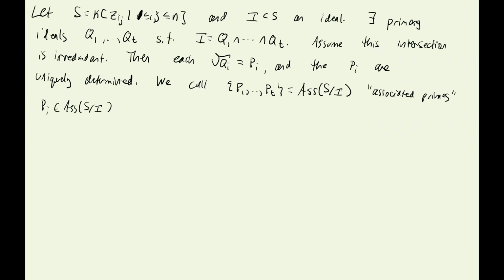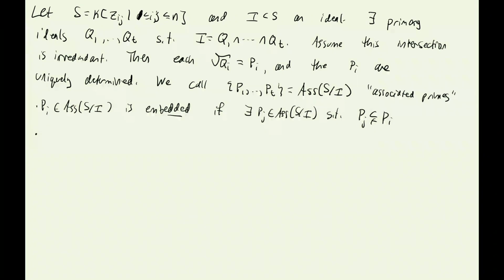A prime in the set is called embedded if there exists some other prime Pj so that Pj is properly contained in it. So these are the biggest ones. They live above some other associated prime. We don't have these for radical ideals. So these won't come up for us really today, but they exist in life.